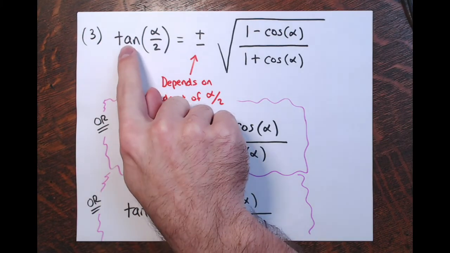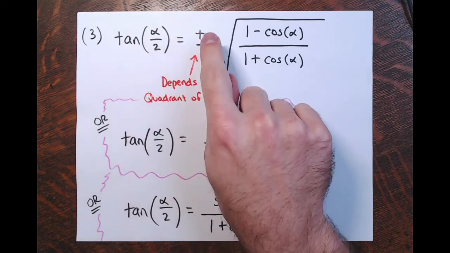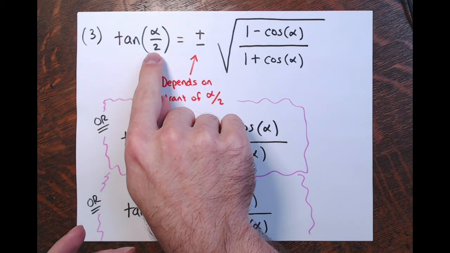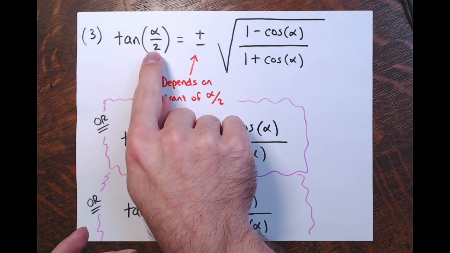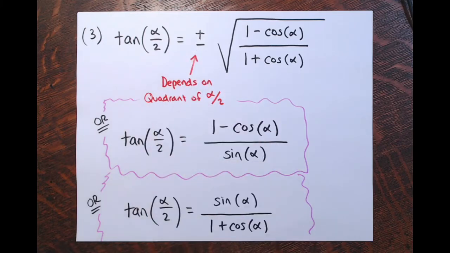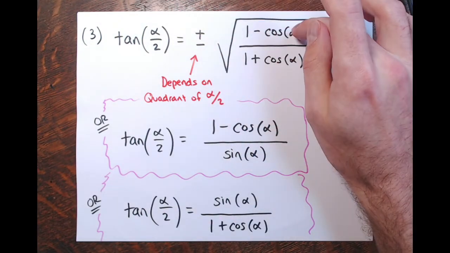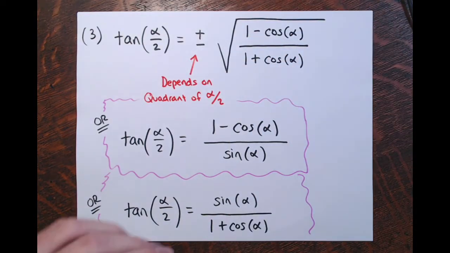One of them is this: the tangent of half of alpha is plus or minus, you choose depending on what quadrant half of alpha is in, and then a big square root of the fraction with numerator 1 minus cosine alpha and denominator 1 plus cosine alpha.